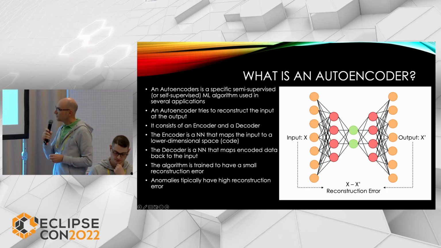But when you put in an anomaly, something different compared to the normal input, the output differs a lot. So we can compute the reconstruction error, and anomalies have a high reconstruction error, which can be used for detecting outliers.